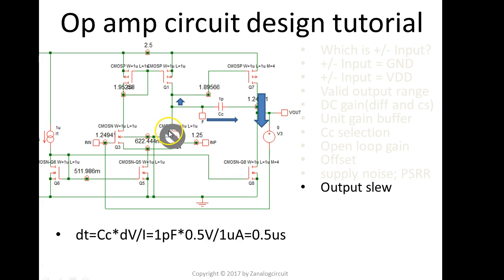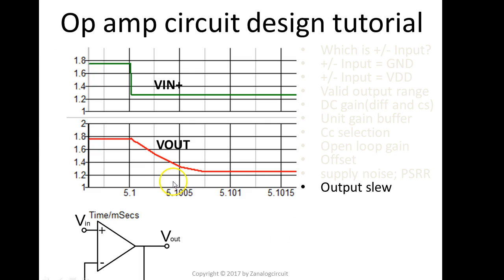As we said, this guy can be off. All the tail current is going to go through this left branch, go up and then copy around, dump here, and then go through this guy. So according to this C dV over I equation, we got 0.5 microsecond. That's the result from the simulation too.